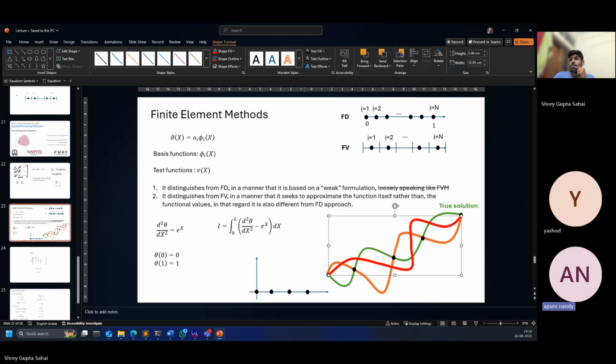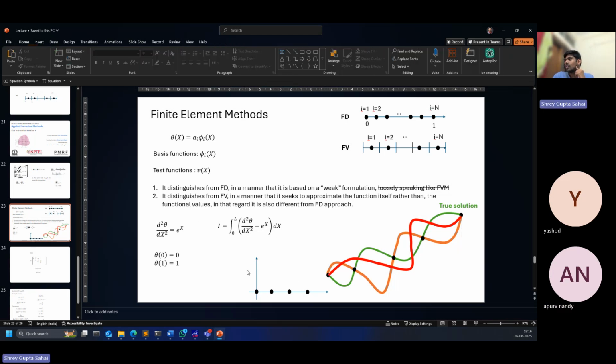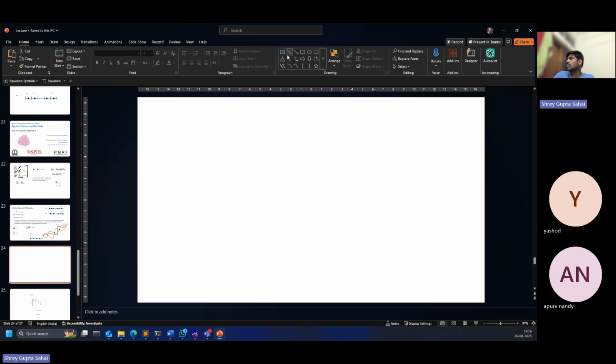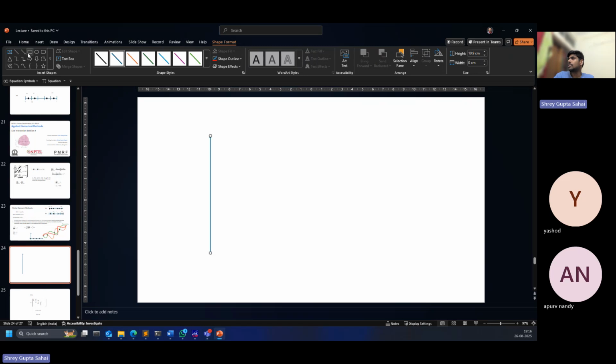Not coefficients. It's not the coefficients that is important here. Okay.